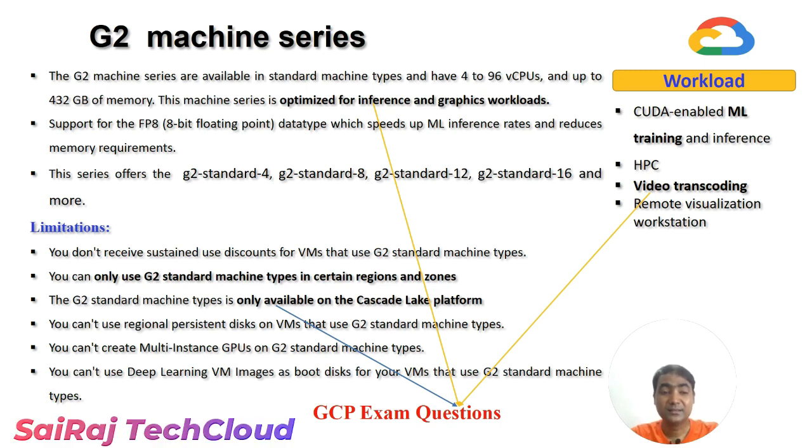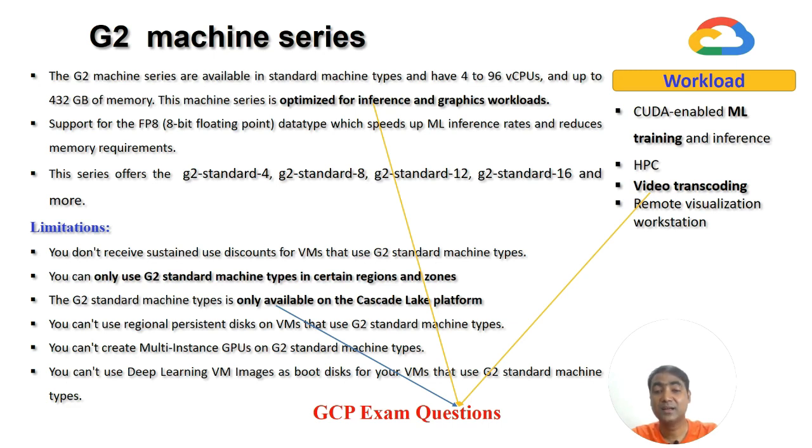As you can see here, this series offers G2 standard 4, G2 standard 8, and more. Some of the limitations of the G2 machine series are: you do not receive sustained use discount for VMs that use G2 standard machine types. You can only use G2 standard machine types in certain regions and zones. The G2 standard machine types are only available on the Cascade Lake platform.